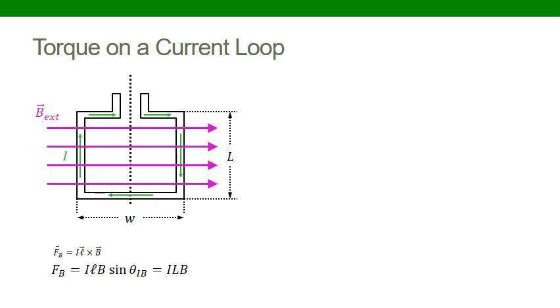Now, we of course need to use the external field. It's interesting if you look at the field generated by the wire itself. If I were to look end on, going this way, looking from the bottom up towards the top of the screen, I would be able to see on the left-hand side, where my current was going up towards the top of the screen, that it would look like it's going into the screen.